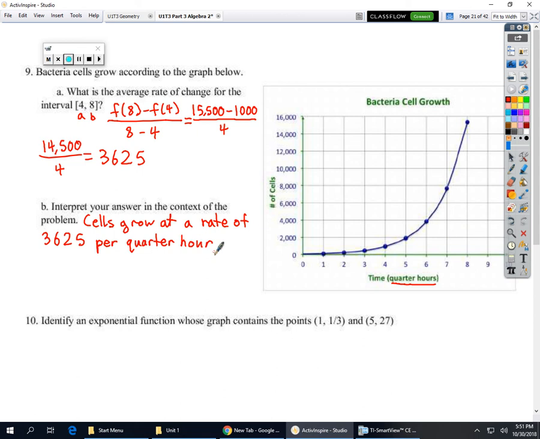And again, this rate is not for the entire time. This is the rate specifically between the 4th and the 8th quarter hour. Boom. All right, just average rate of change all over again.